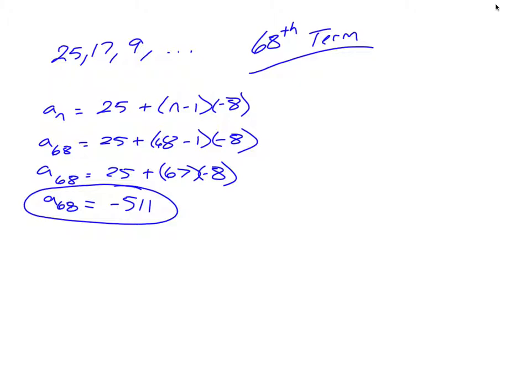Let me go back. So what did we find in negative 511? The 68th term. So what does that mean? If I kept on subtracting 8 all the way out to the 68th term, that number I'd end up with is negative 511. Yep. Okay.